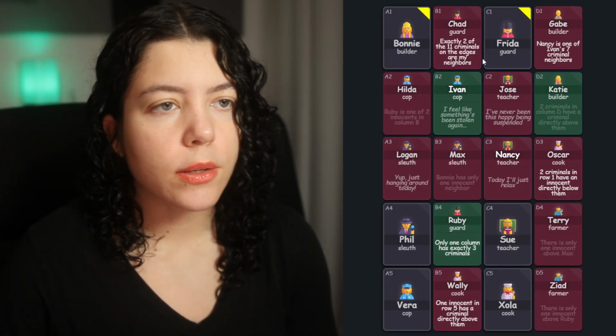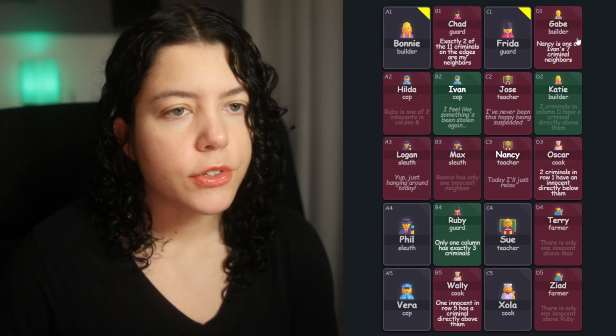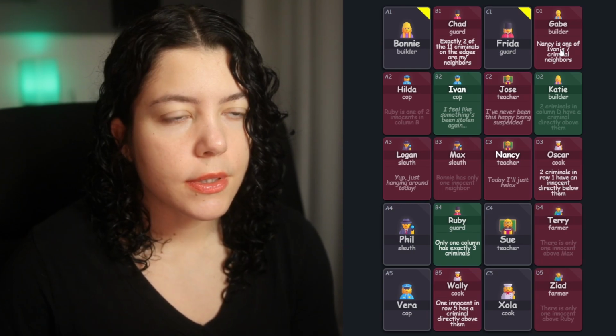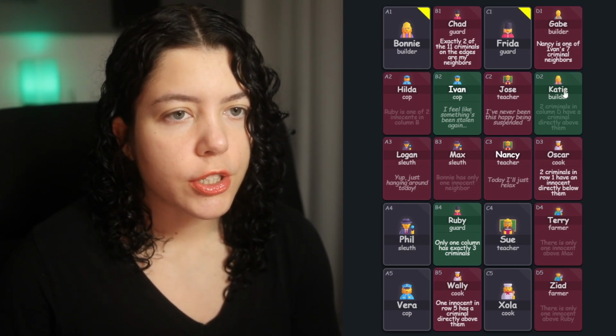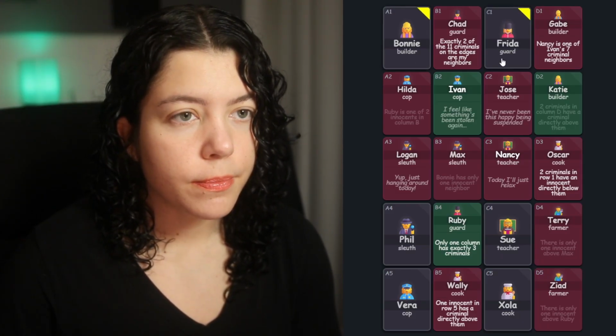The other one is that we know there's 11 criminals on the edges. So 14 people on the edges makes 11 criminals and leaves 3 innocents. One of which is Katie, the second of which is either Bonnie or Frida.